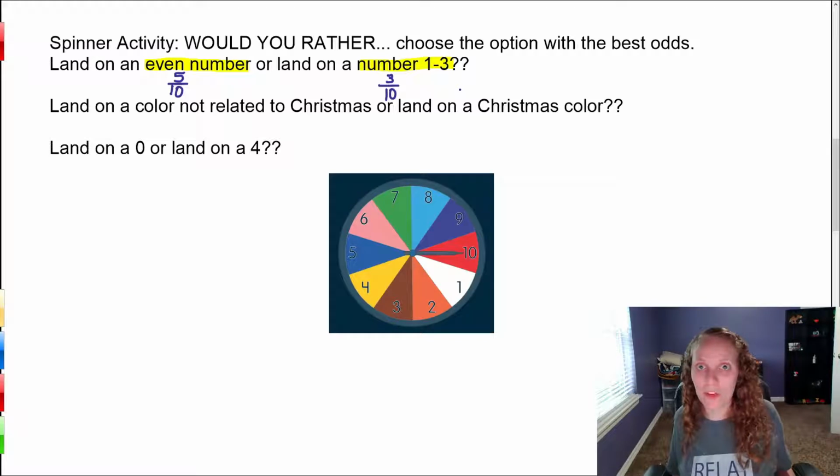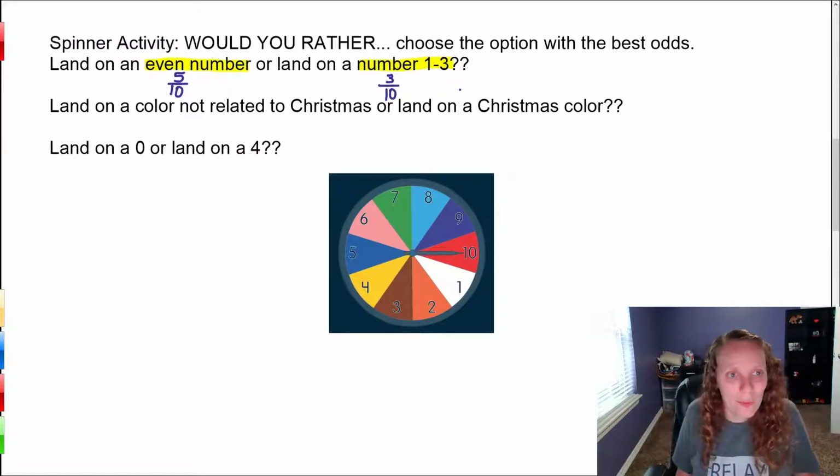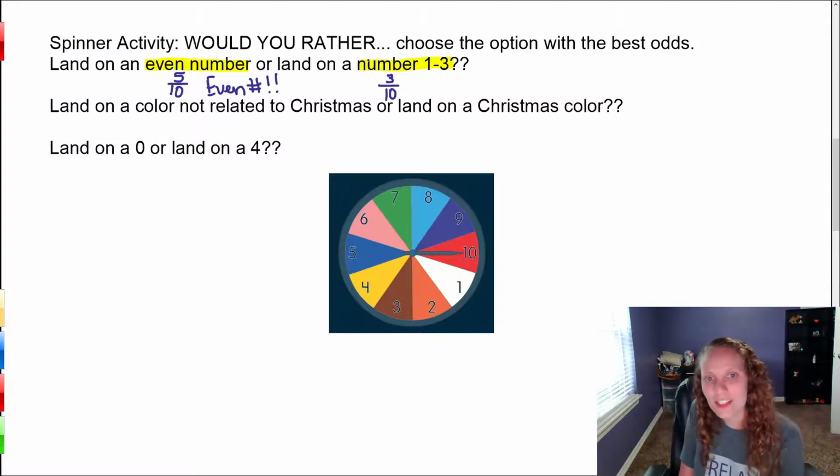Which one would we rather do? Which one gives us the greater odds? I would say landing on an even number. There are more spaces, and if you notice, 5/10 is greater than 3/10, so it's a greater chance of us getting an even number than a 1, 2, or 3.